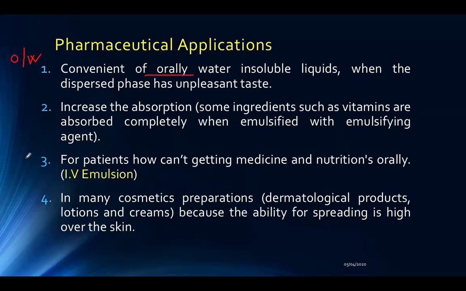Also, another big topic is the IV emulsion. It's for nutrition for certain patients who can't take food through the GIT, so they feed them through the IV emulsion, and this is a well-established science. They can provide normal saline, dextrose, and salts, which is what they call conventional IV solution.